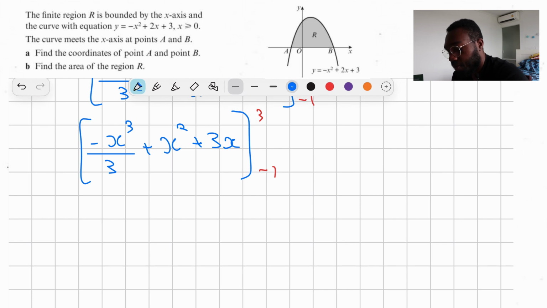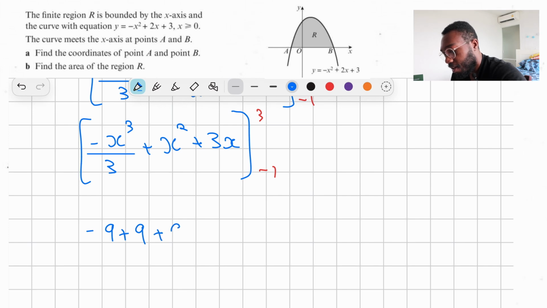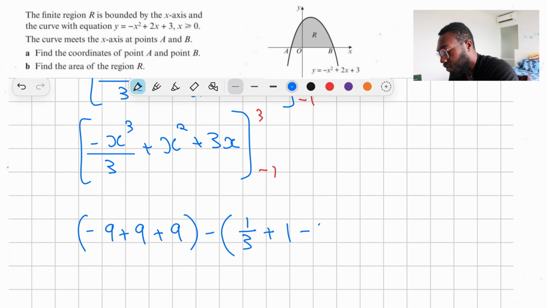Well, with that 3, it becomes minus 3 cubed, that's minus 27 over 3, so that would be minus 9, plus 3 squared, that is 9, and then 3 times 3 is again 9. And then minus, minus 1 all cubed is minus 1, times that minus 1, so it becomes a positive 1 over 3. Minus 1 squared is positive 1, and 3 times minus 1 is minus 3.